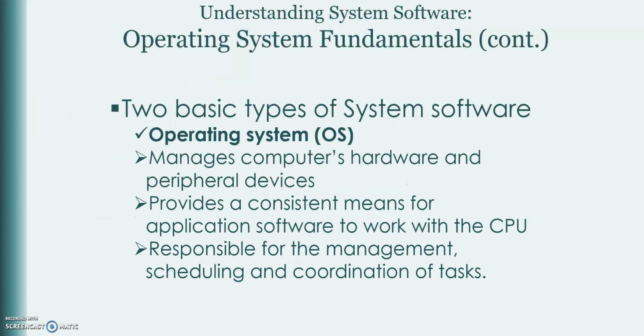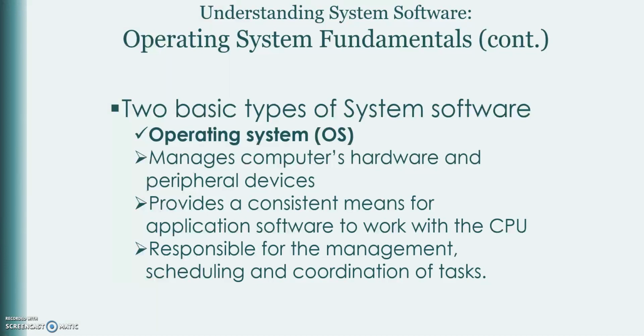Okay, so system software consists of two primary types: the operating system and utility programs. The operating system, or the OS, is a group of programs that controls how your computer system functions. It does the following: it manages the computer's hardware and peripheral devices.